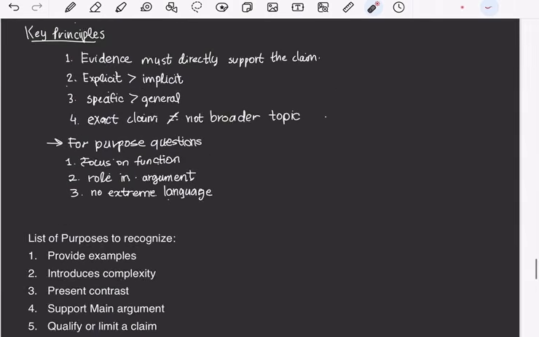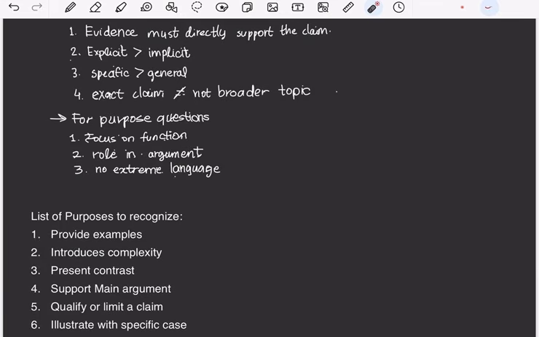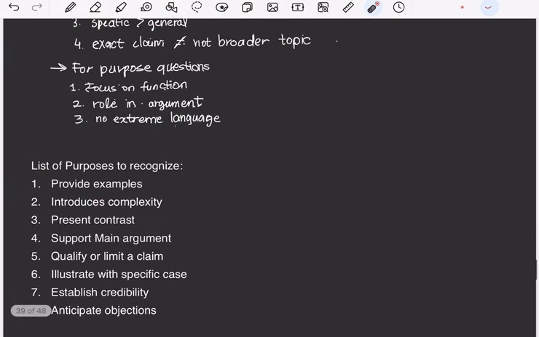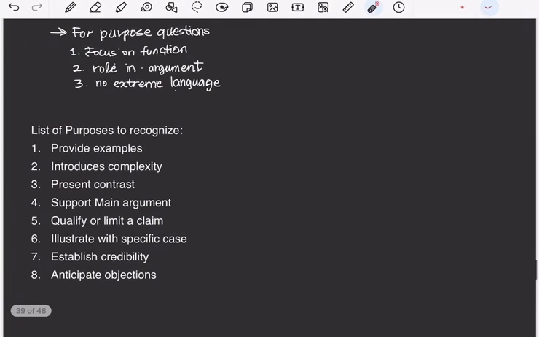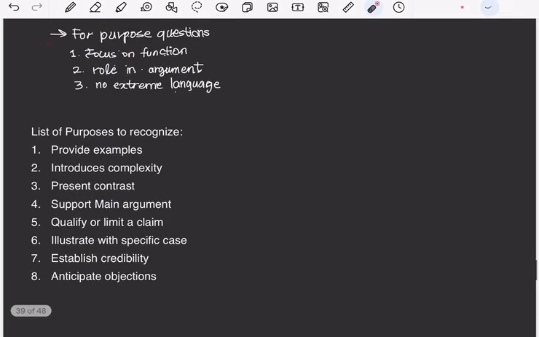This is something very important again. And number four is to match the exact claim and not just the broader topic. For purpose questions, you want to focus on the function and not the content. You have to think about the role in the argument and avoid extreme language. And lastly, consider the author's overall perspective and overall goal.